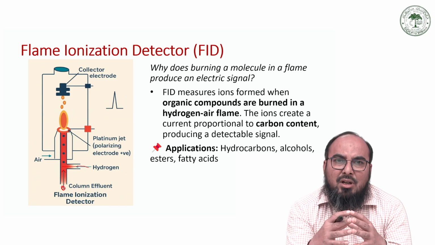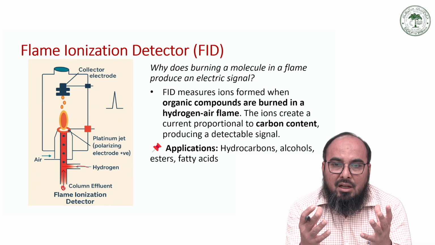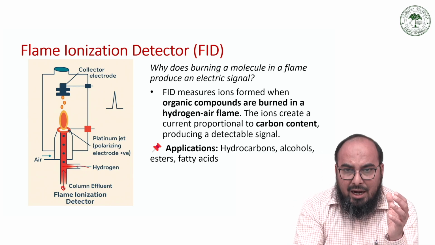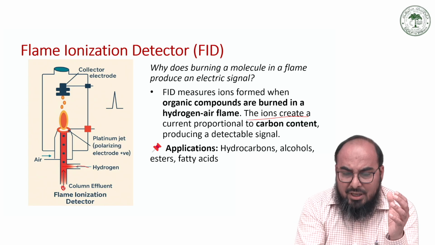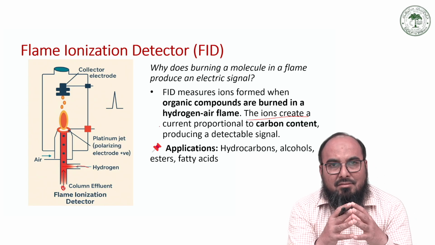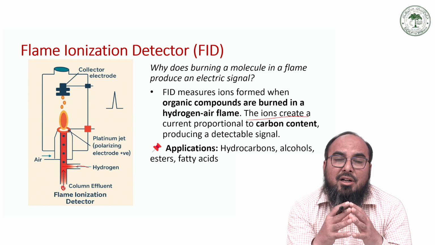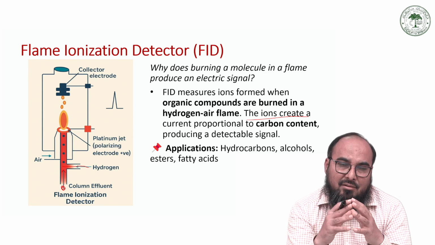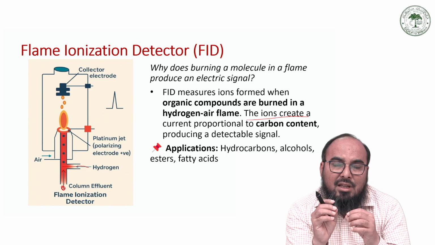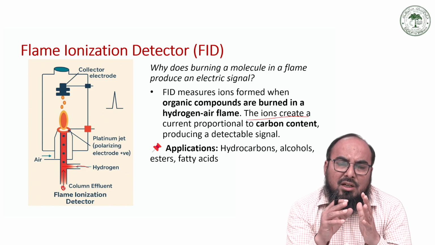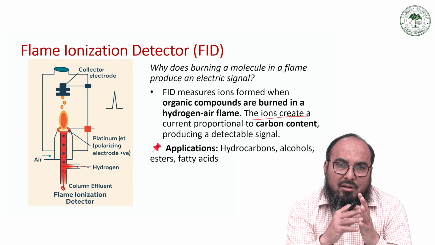Your sample gets burned in the hydrogen flame, and it creates ions and radicals, which are proportional to the carbon content present in the effluent. Effluent means that it contains your sample.